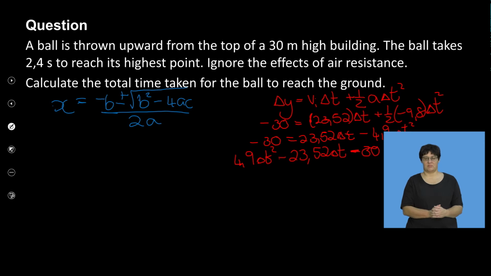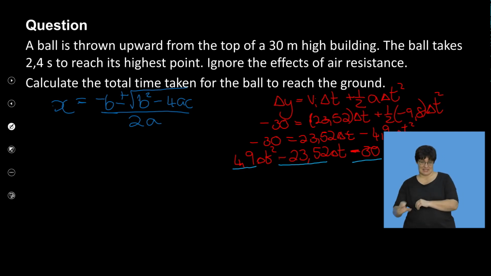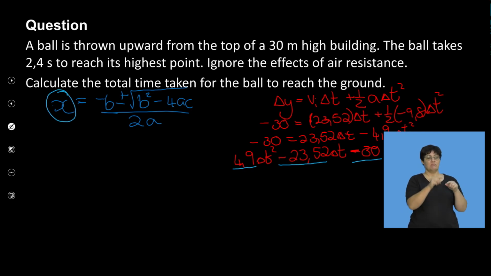So when we look at this equation, 4.9 is a, minus 23.52 is b, and minus 30 is c, and delta x is delta t.